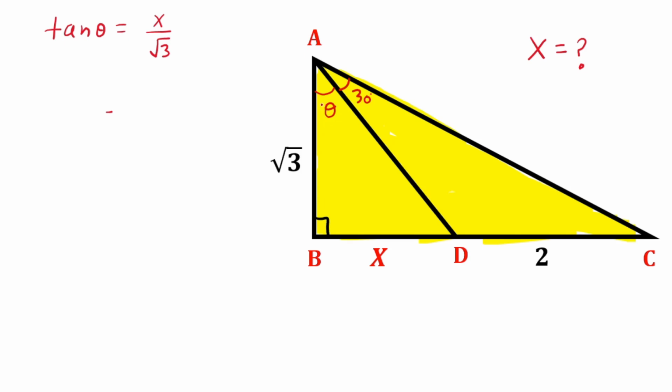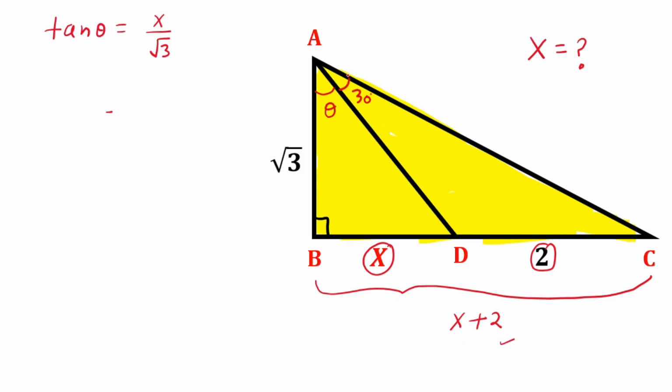Now look carefully in the triangle ABC. Here this length is x plus 2, because BD length is x and DC length is 2. It means the length of BC is x plus 2.